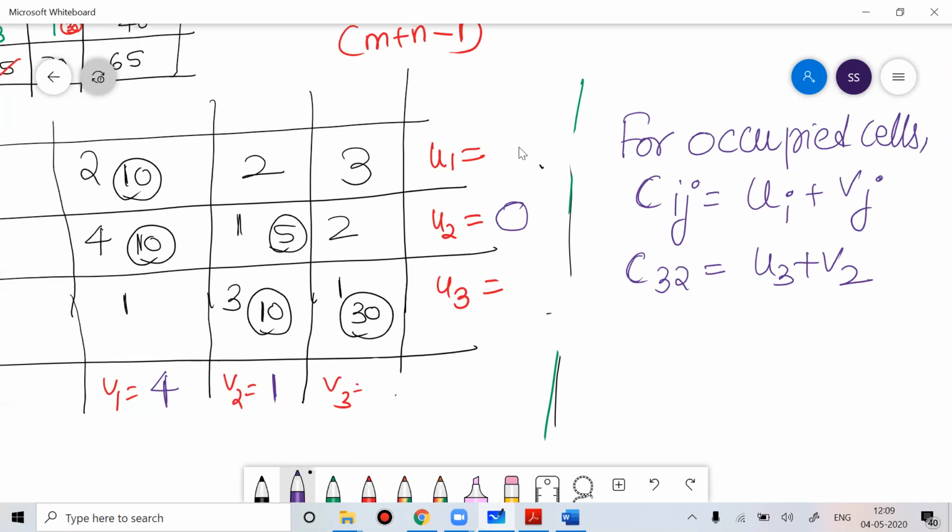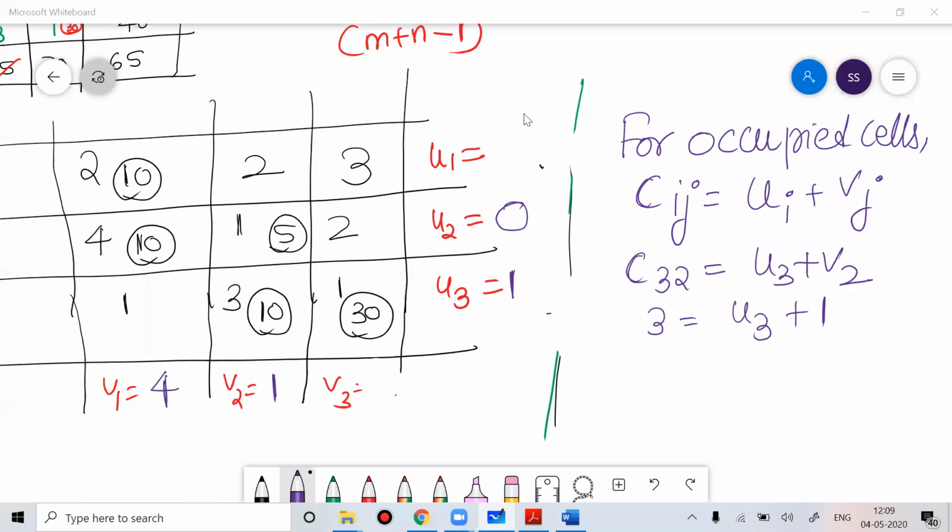C32 is 3. Now U3 we don't know, and V2 is equal to 1. So I can find this U3.